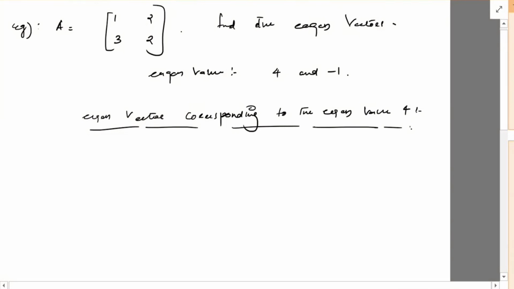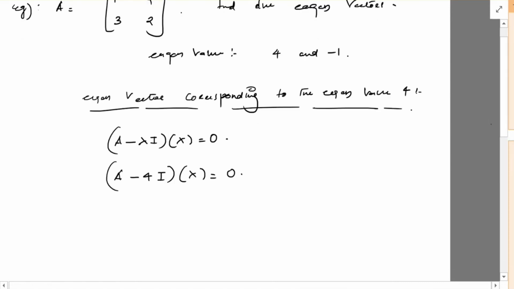To find it, like I said, we need to find the solution of (A minus lambda I) x equal to 0. Here lambda equal to 4 because lambda is the eigenvalue. So we need to find A minus 4I of x equal to 0.